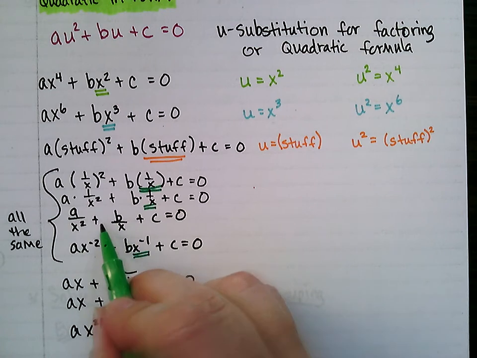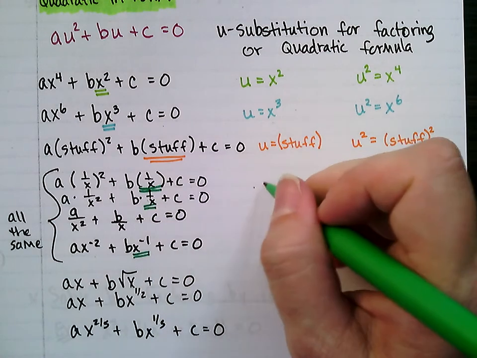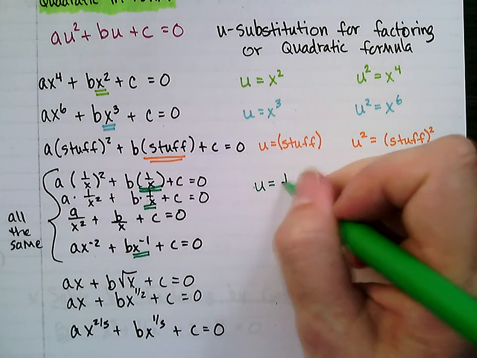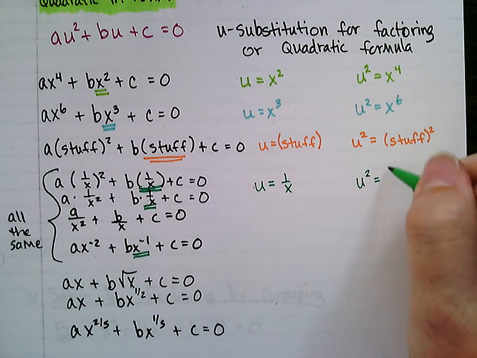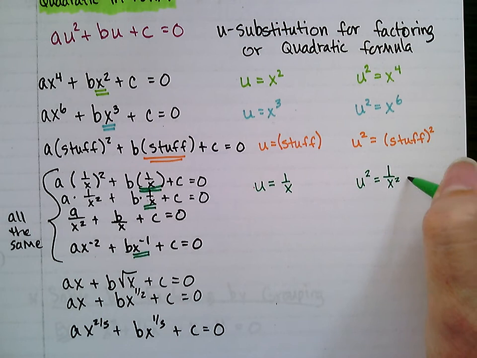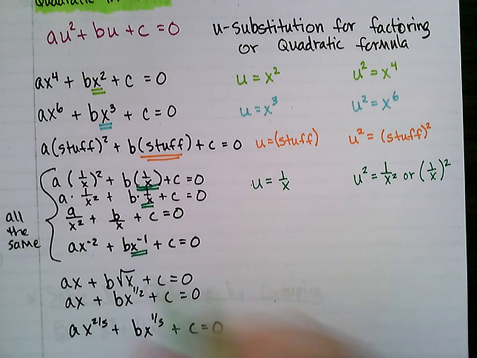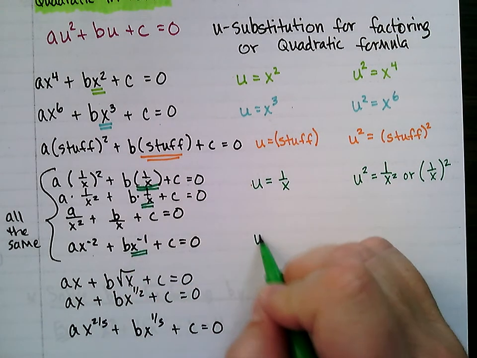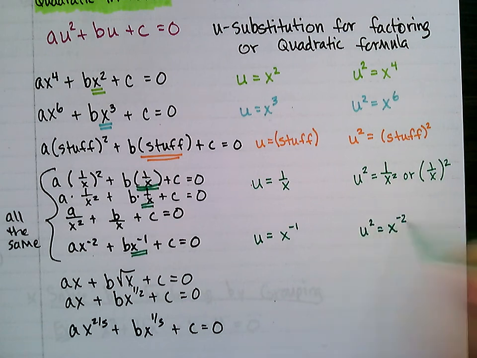I would use one of these two. So on both of these, I would say that u is 1 over x and u squared is 1 over x squared. We'd replace either of those with u squared. In this one, u is going to be x to the negative 1. U squared is twice as big, x to the negative 2.